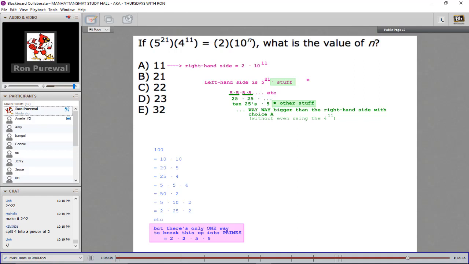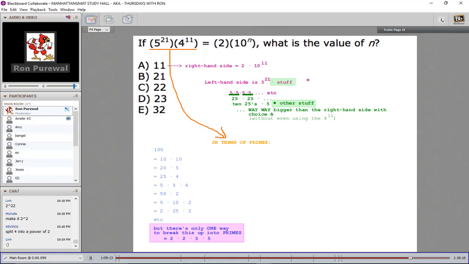So let's do that. 5 to the 21, 5 is already a prime. 4 is not a prime. What do you do with 4? That's 4 to the 11th.